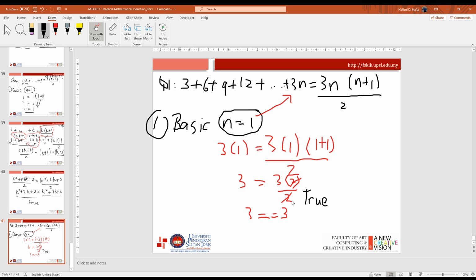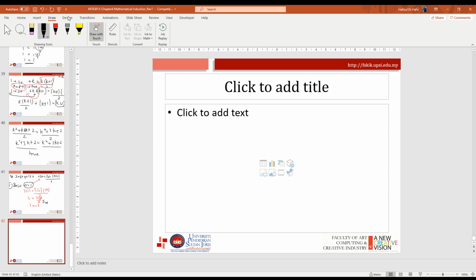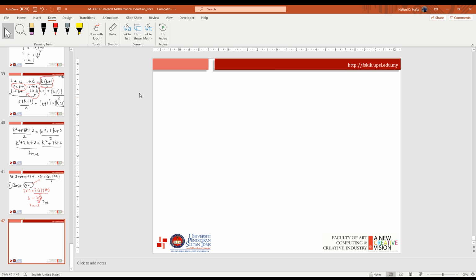Kemudian kita assume true for n equivalent to k. So the next one is we assume, tadi kita nak buat apa?